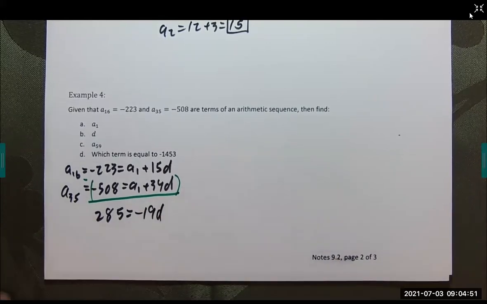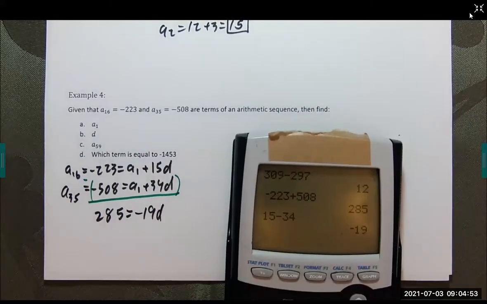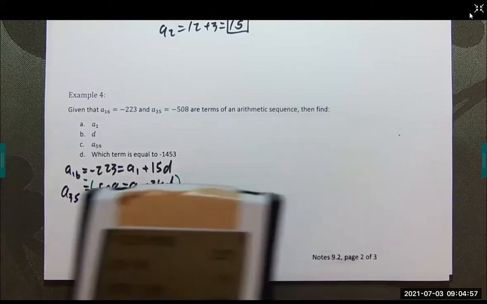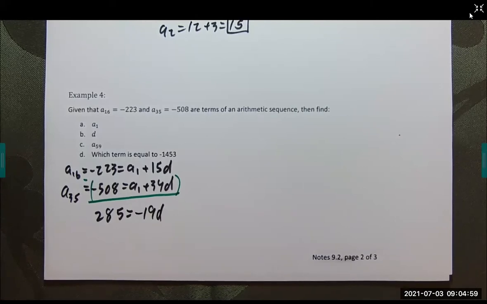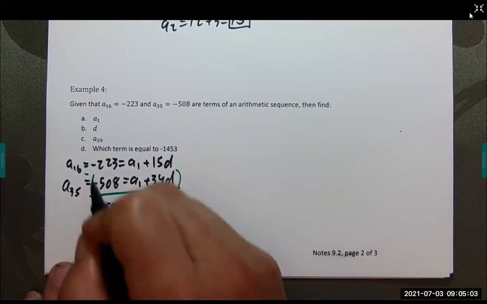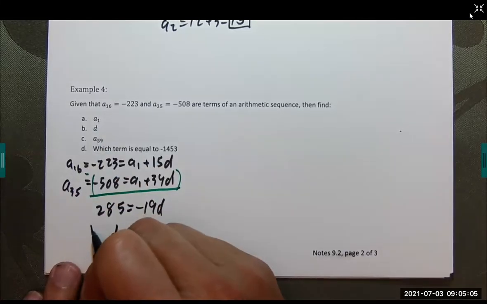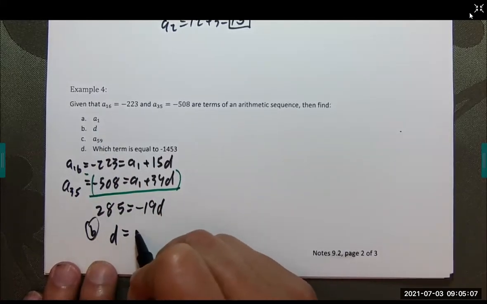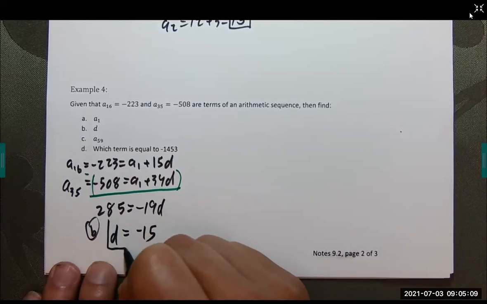And divide: 285 divided by negative 19 is negative 15. So there we have our D, which is part B. D is negative 15. So here's one of our answers, part B.